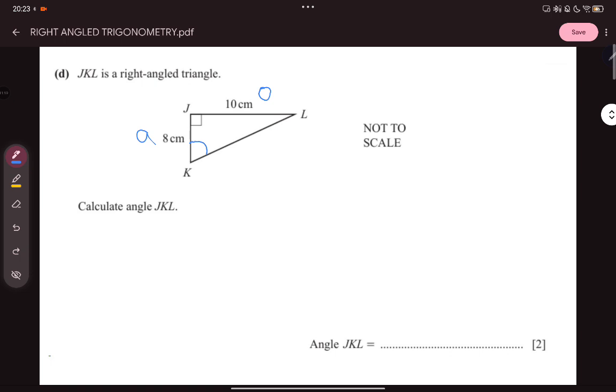So remembering our SOH CAH TOA, we have got O and A, so we are dealing this time with the TOA, so tan. If I'm finding an angle, it's the inverse. So inverse tan, tan with a little -1, and then opposite divide by adjacent. Remember, these are divide bys. So opposite was 10, divide by adjacent, which is 8.